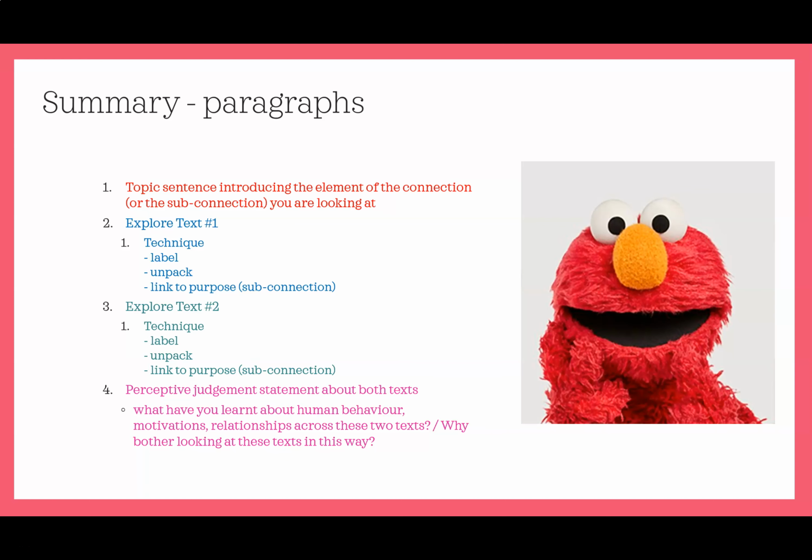And then the fourth bit is where you can show off what you know and your thinking, so perceptive judgments about the films or the books. So you want to talk about both texts and then discuss what you have learned about human behavior, motivations, perhaps impact on the audience, and what the reasons are for looking at the texts in that way.